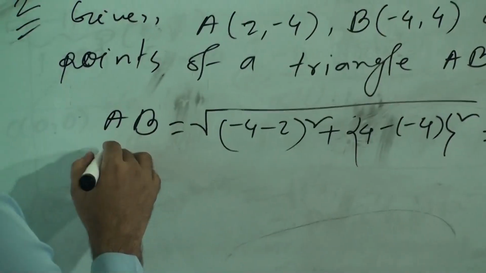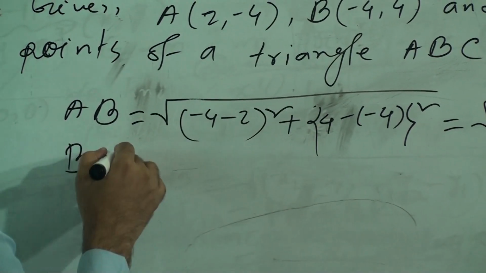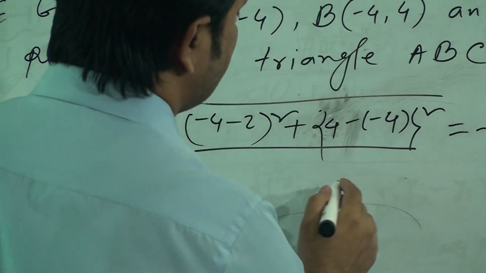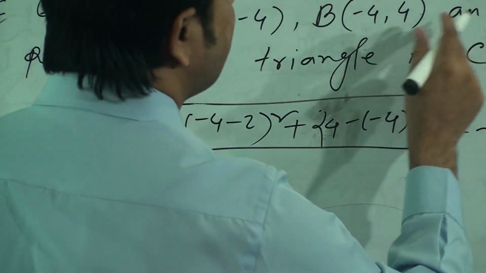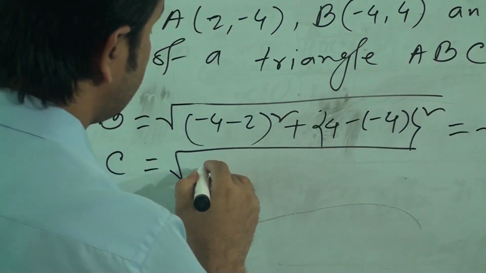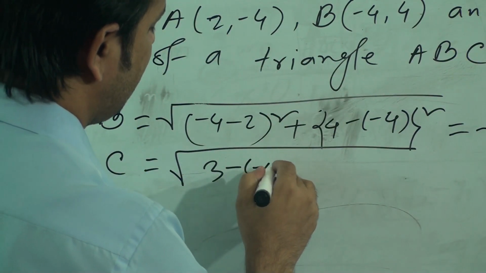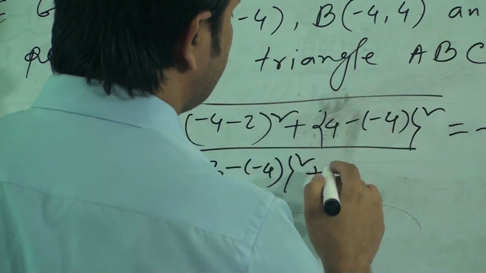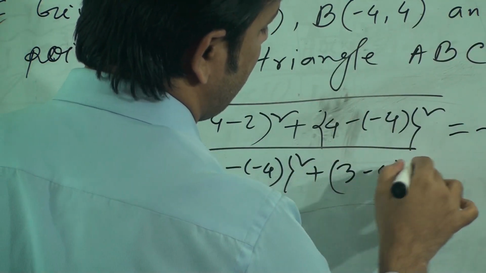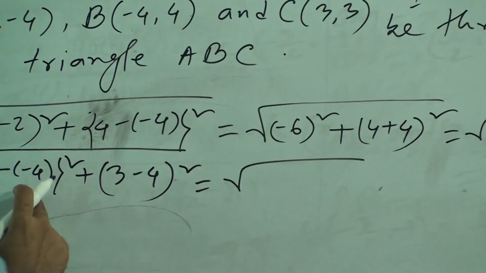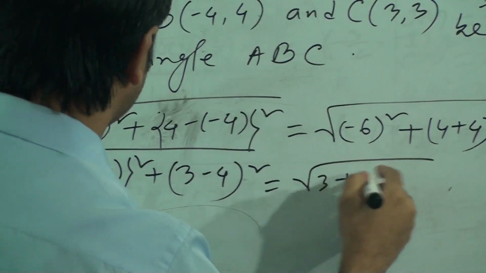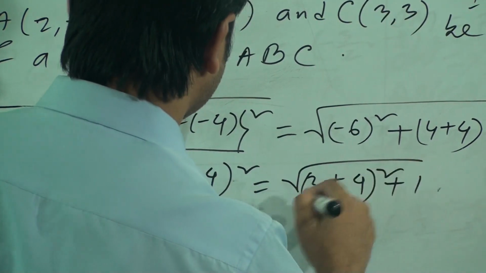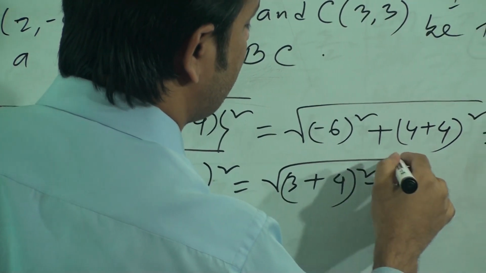Now we need to determine the distance of BC. So BC equals square root of (3 minus (-4)) whole square plus (3 minus 4) whole square, that is (3 plus 4) whole square plus (-1) whole square.